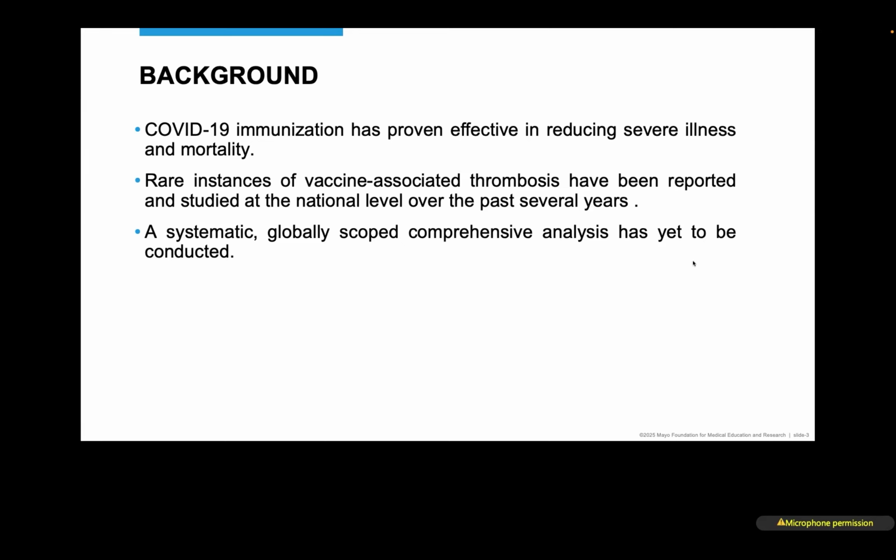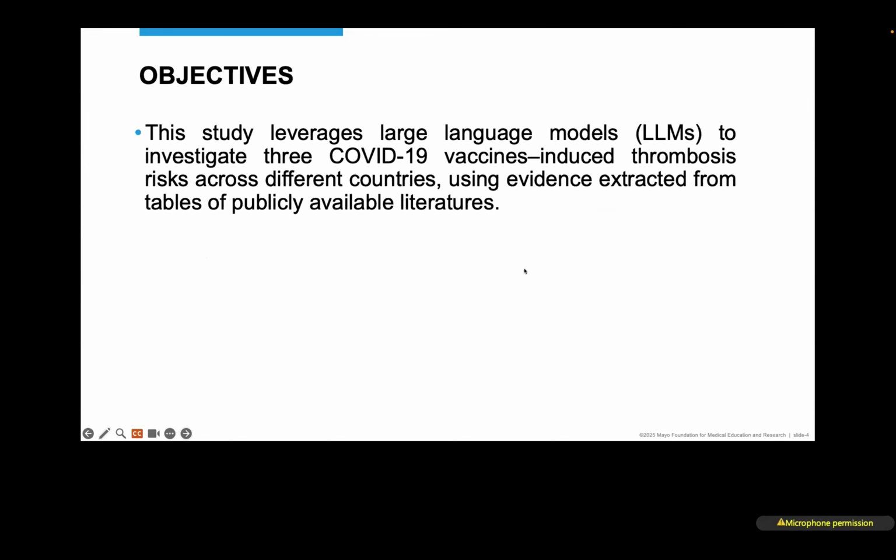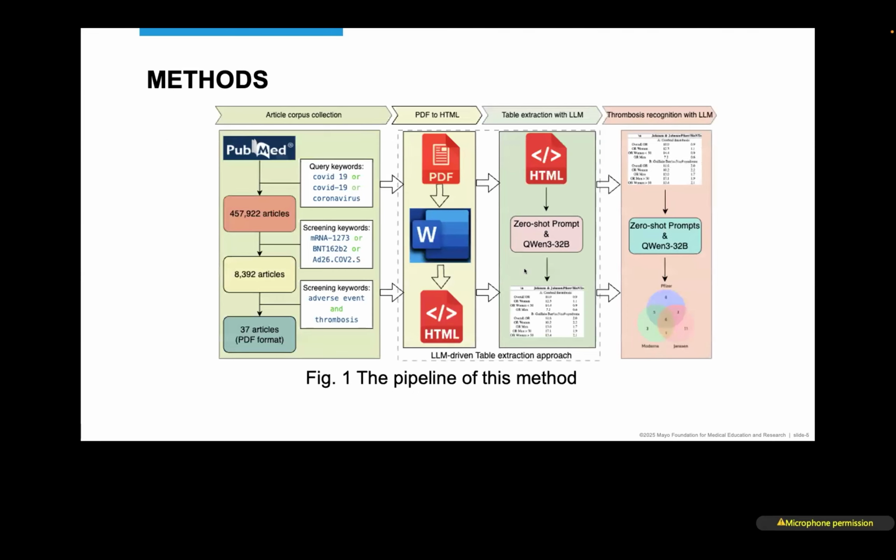A thematic, globally scoped comprehensive analysis has yet to be conducted. So this study leveraged a large language model to investigate the thrombosis risk induced by 3 COVID-19 vaccines across different countries, using evidence extracted from tables of publicly available literature.